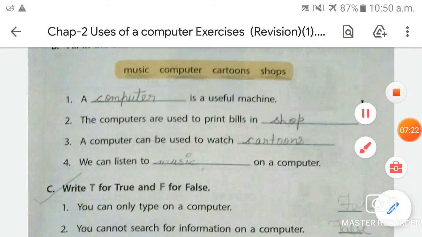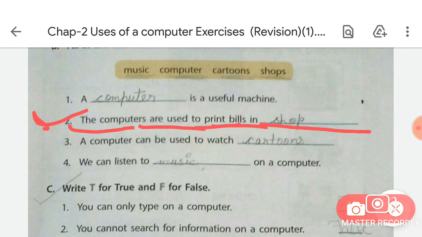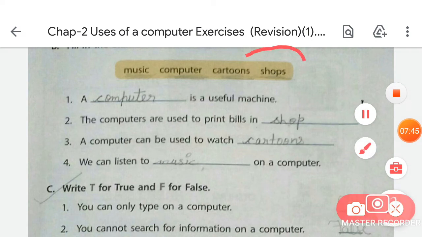Now move on to the next one. The computers are used to print bills in dash. Where do we use computers to print bills, students? Music, or cartoon? No, we use computers to print bills in the shops.